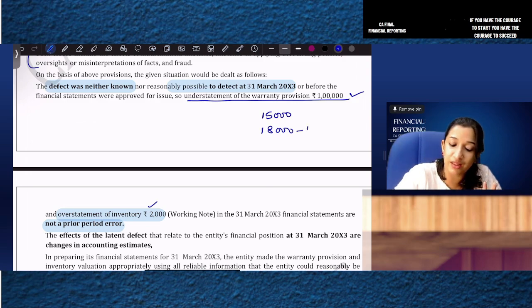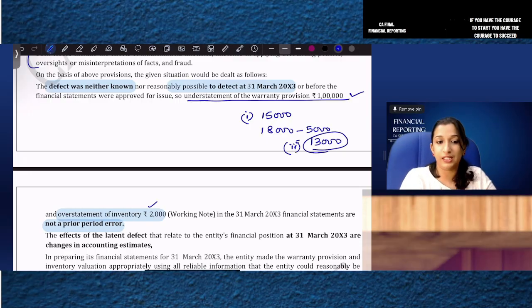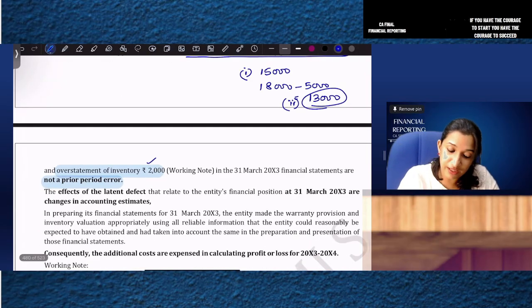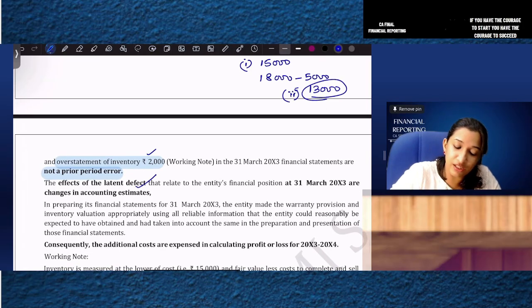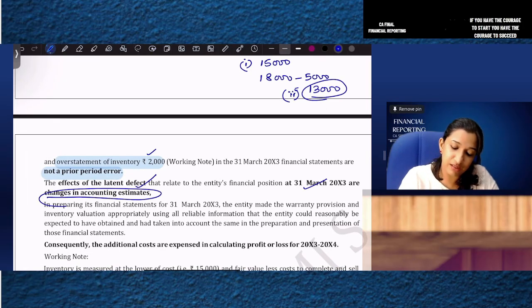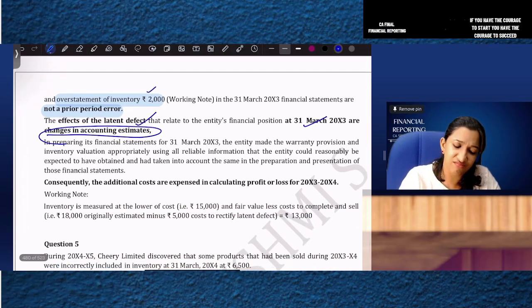So actually NRV is only 13,000. Of 15,000 and 13,000, whichever is lower, you should show inventory at 13,000. So the effects of this latent defect that relate to the entity's financial position are a change in accounting estimates. So that's it.